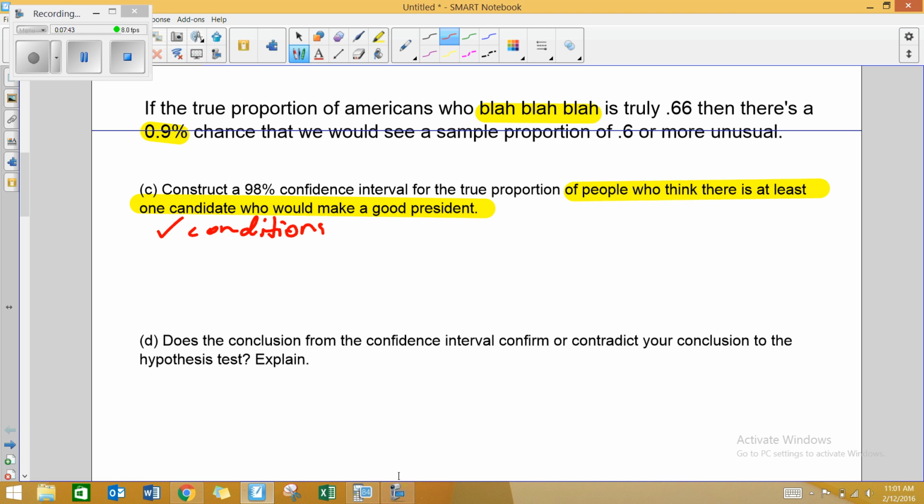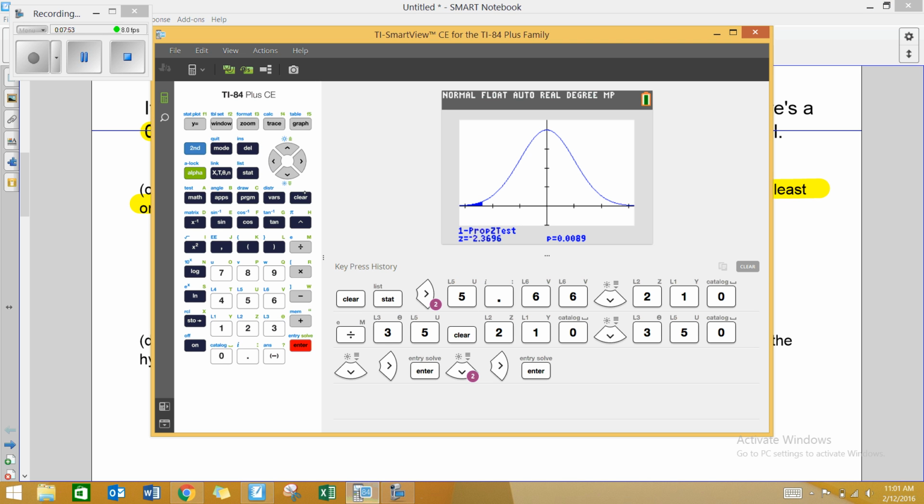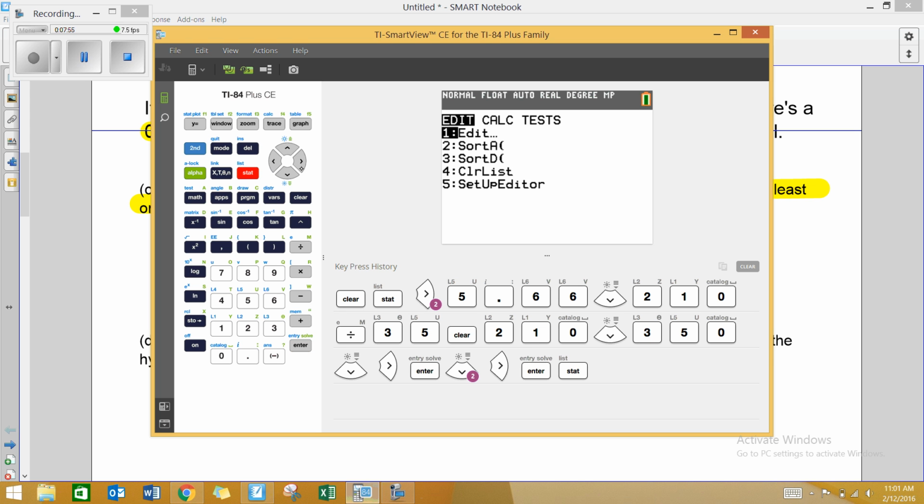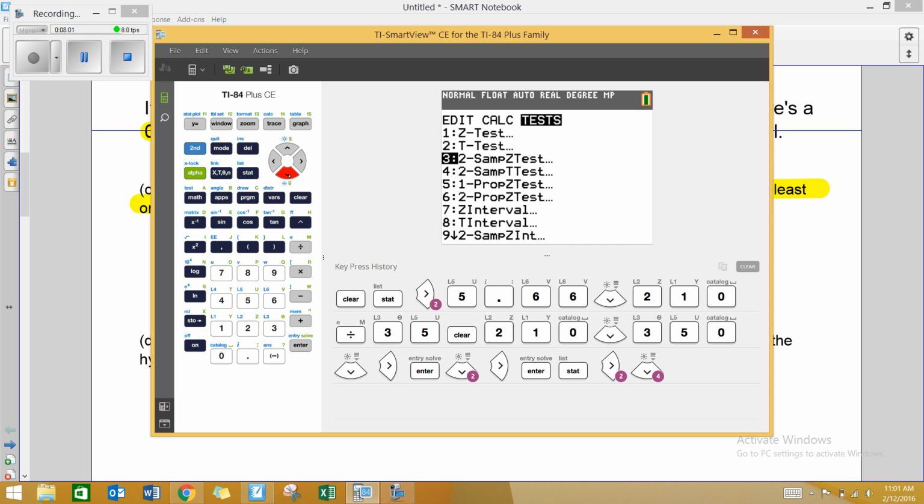And you should have ended up doing a one proportion z interval. Okay, so a one proportion z interval, we'll find that with stat, and one proportion z interval is pretty low down the list. There we go.